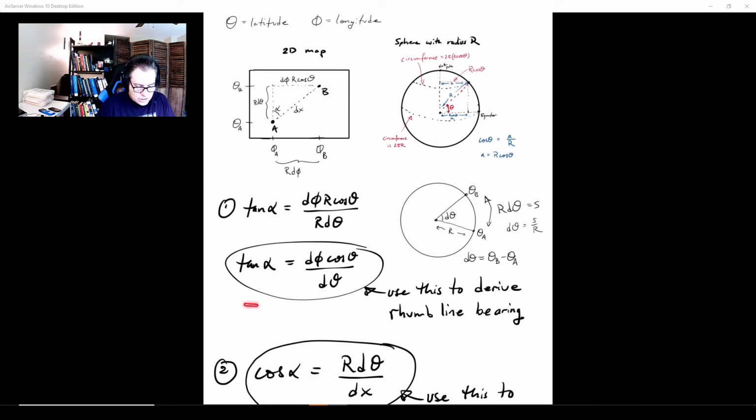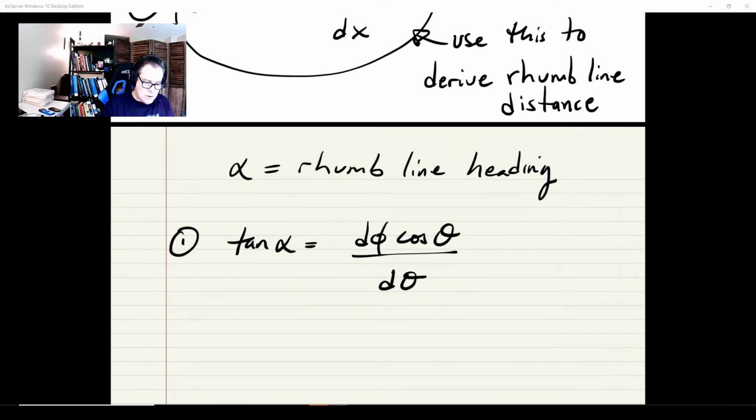Okay, so then let's start with this equation that relates the Rhumb line bearing with change in longitude and change in latitude, and we'll solve for alpha. So alpha is that Rhumb line heading, and to be able to write it in terms of the given latitude and longitude of the 2 points, I need to integrate.